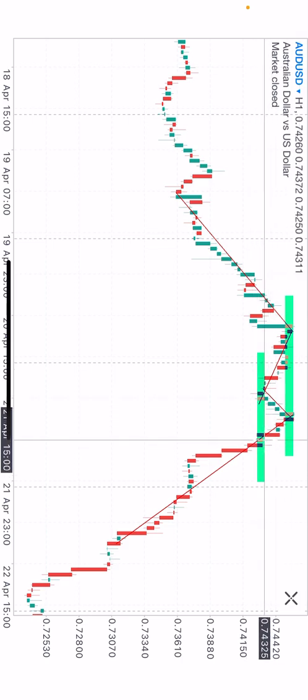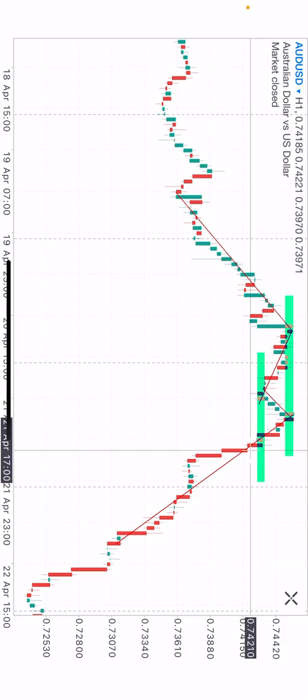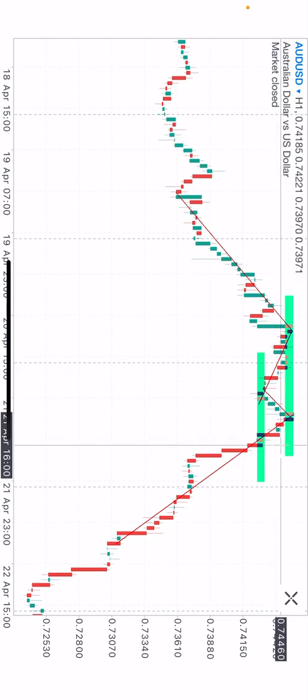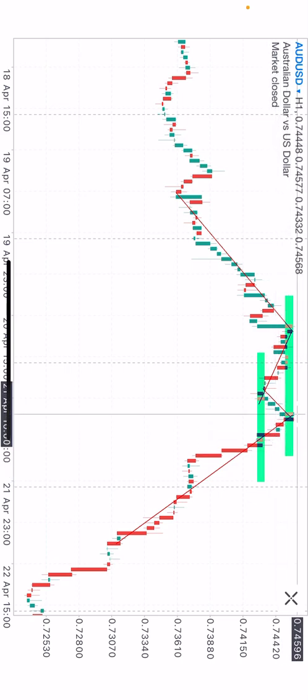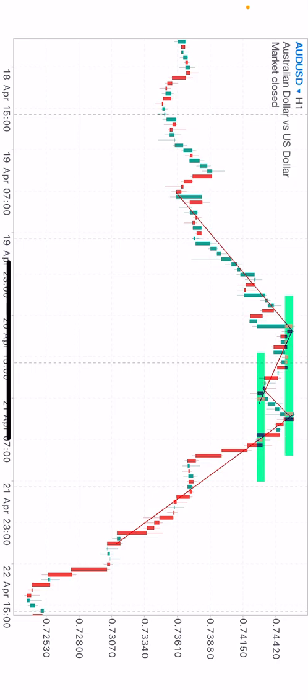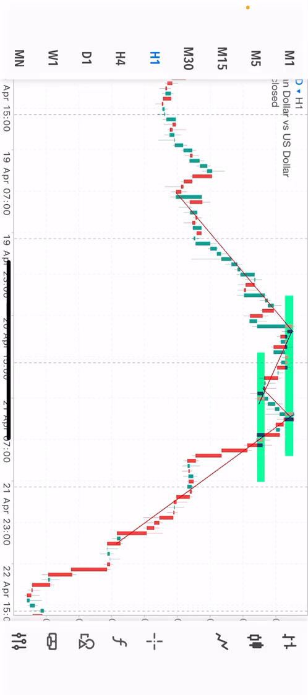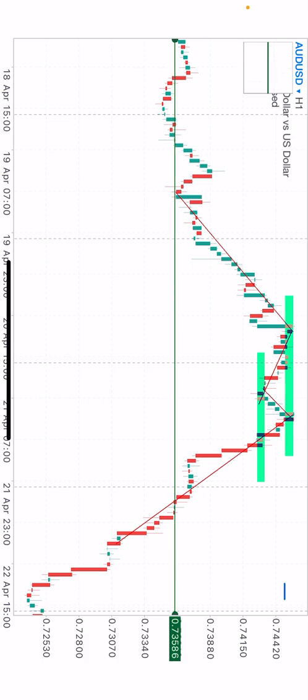Whenever it comes and does this retest around this region, if I notice that there's a struggling support around this region, then I can place my trade here, then put my stop loss above this region. Whether you put your stop loss above this region or above this region, you are still correct. So you take your trade and you make sure you put your TP at the next resistance, which is here.